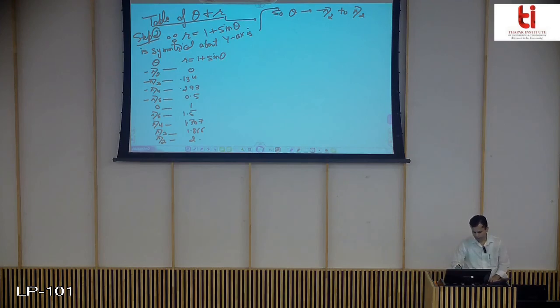Now come to the graph of the given polar curve. The maximum value of r is 2. So for the sake of scaling, I am taking this as 2 units, this as 2 units.